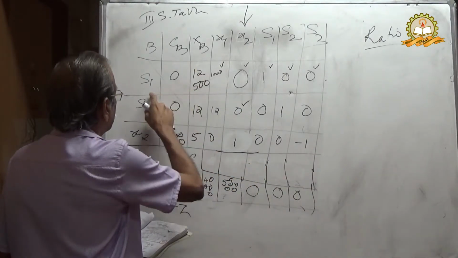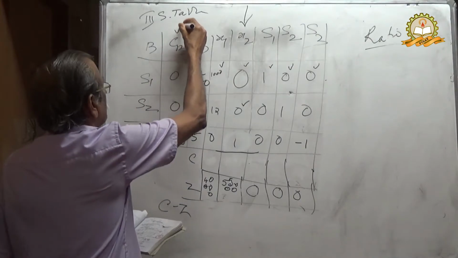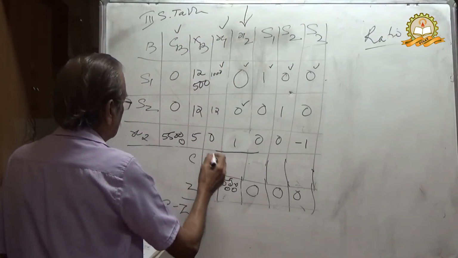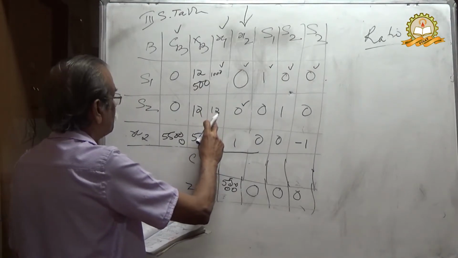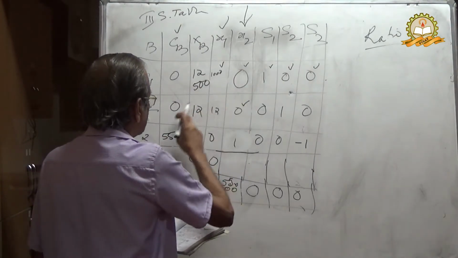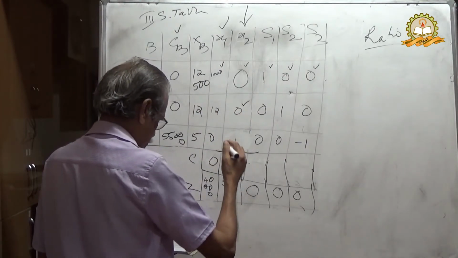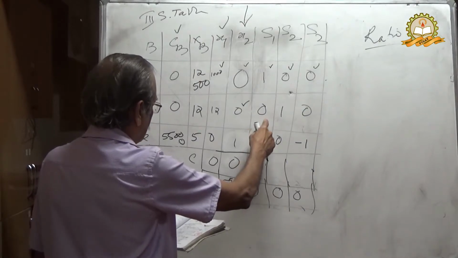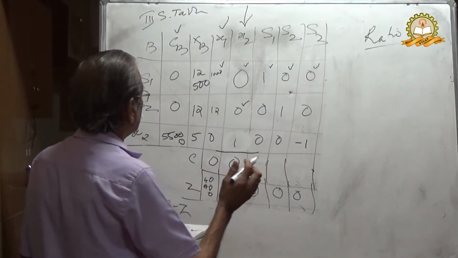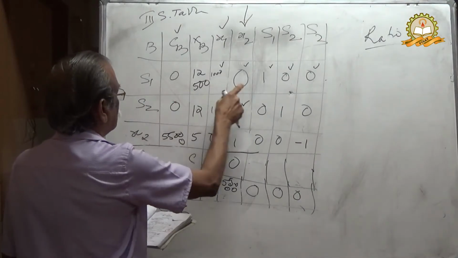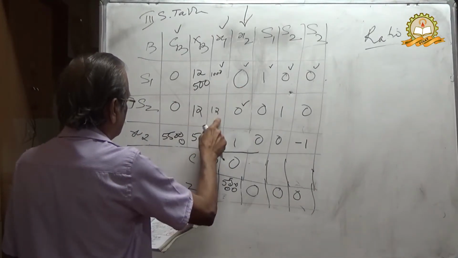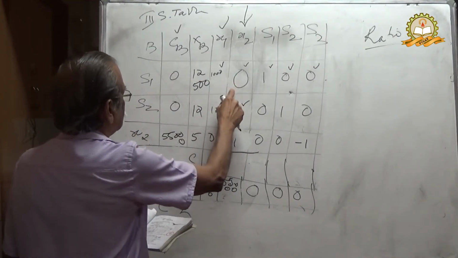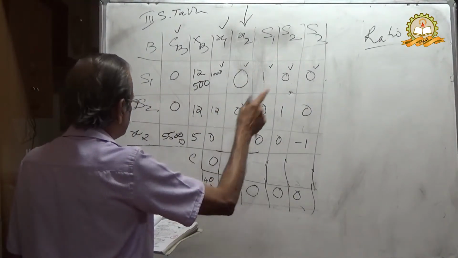Therefore again you can write S1 into X1, 0 into this, 0, plus 0 into 12. Then 0 into this, 0 into this, 0. Then 0 into this, 0, plus 0 into this, 0.